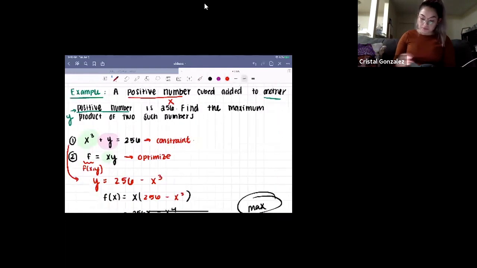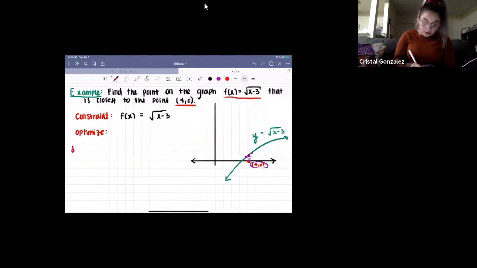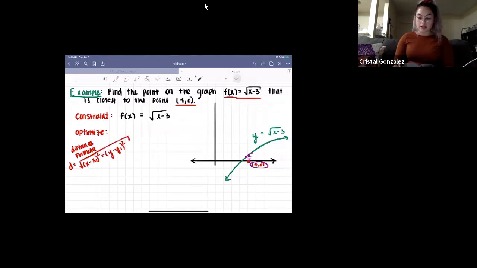The distance formula is d equals the square root of (x minus x1) squared plus (y minus y1) squared. So that's our distance formula. I'll erase that in a second because it's bothering me how much room I have.